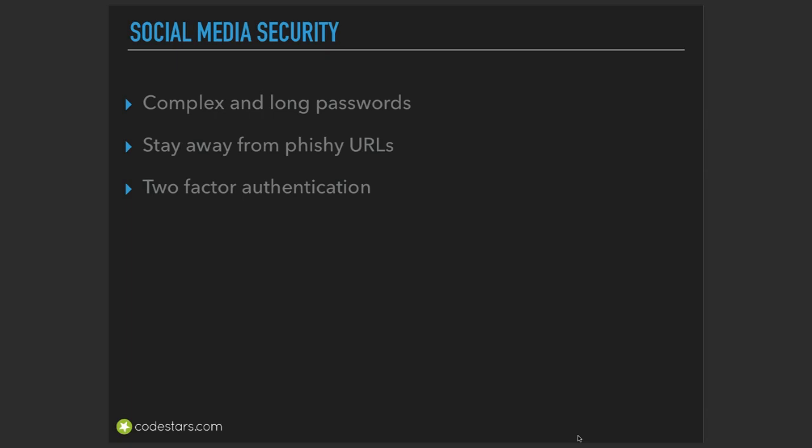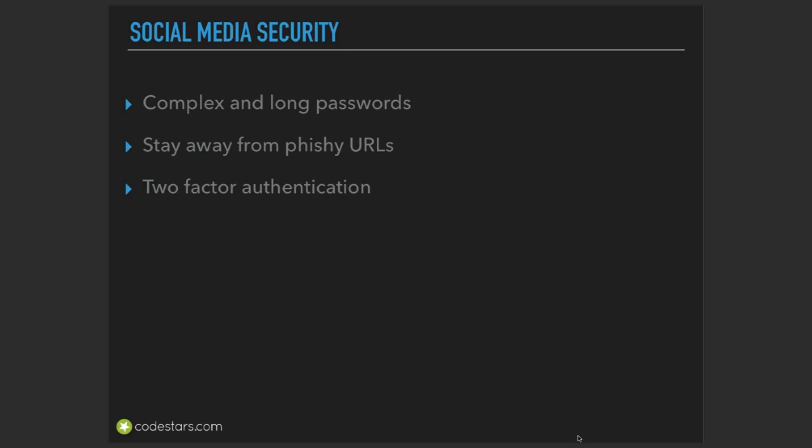So we have to make sure that we are using long passwords and complex passwords, even if we need to give some special characters, some uppercase and lowercase characters and numbers as well. And we have to stay away from fishy URLs, fishy websites, where they will ask us the username and password login information from our social media accounts.